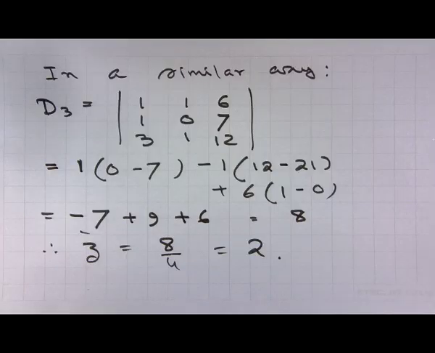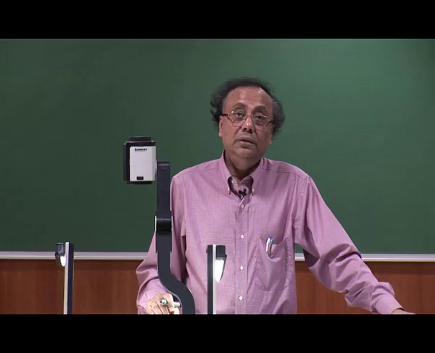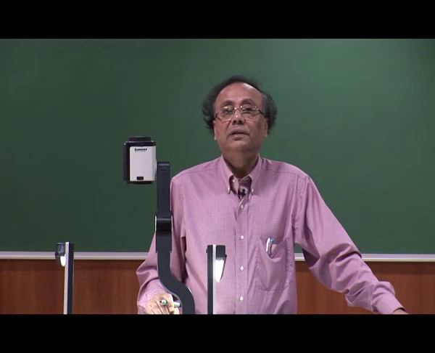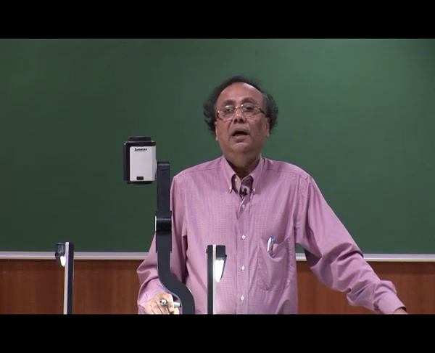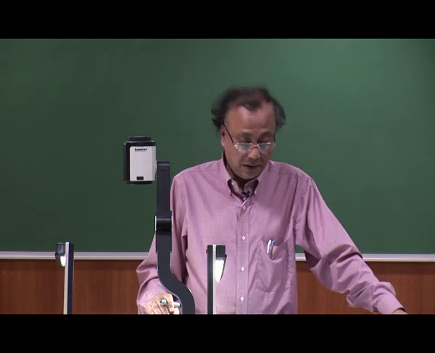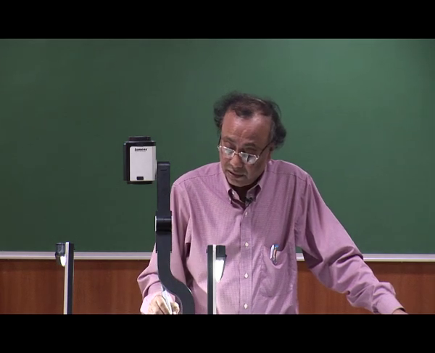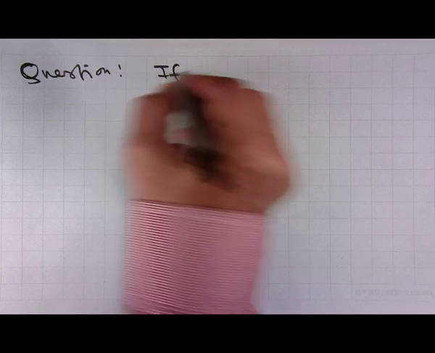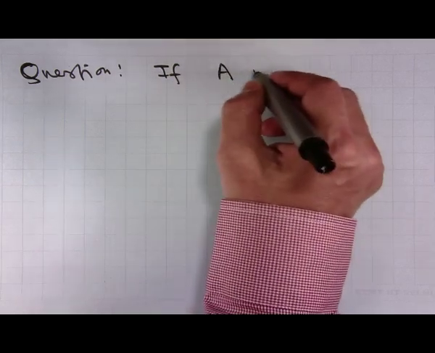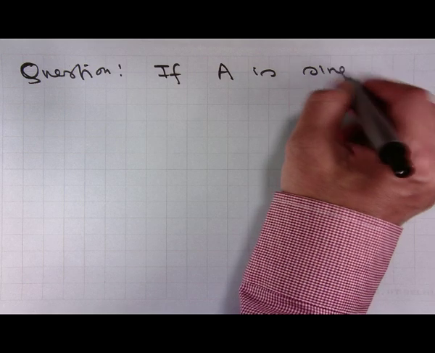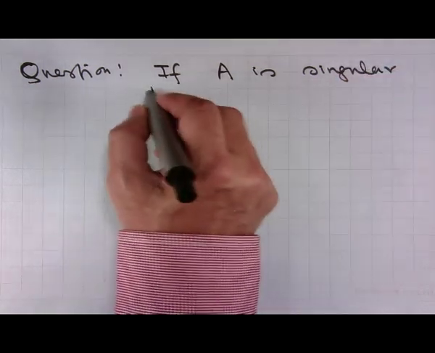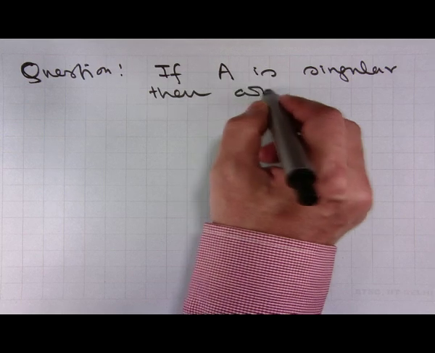the systems of equations. All the problems that we solved have the A matrix non-singular and therefore, determinant of A is non-zero. Question is, if A is singular, then what happens?